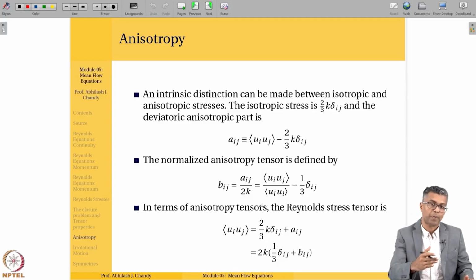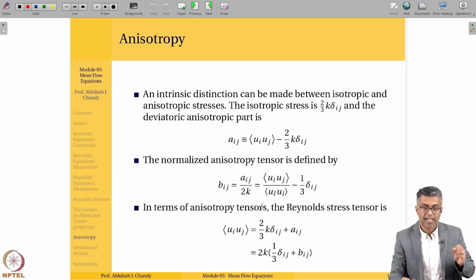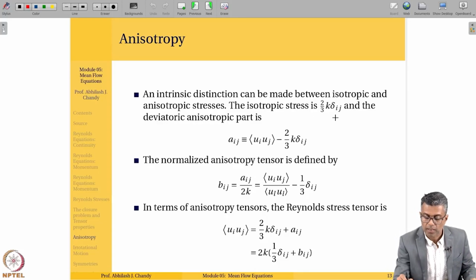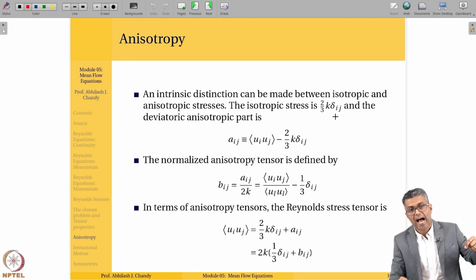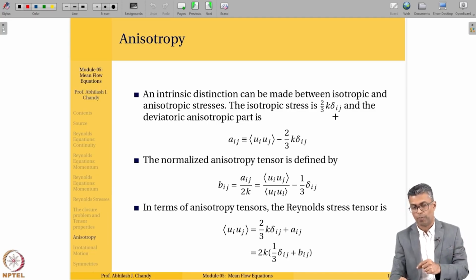So the isotropic part is the diagonal part. If you think about it, the isotropic stress, if I write it as 2/3 K delta ij, that comes about because you are writing it as the average of all the diagonal components. Are you getting me?